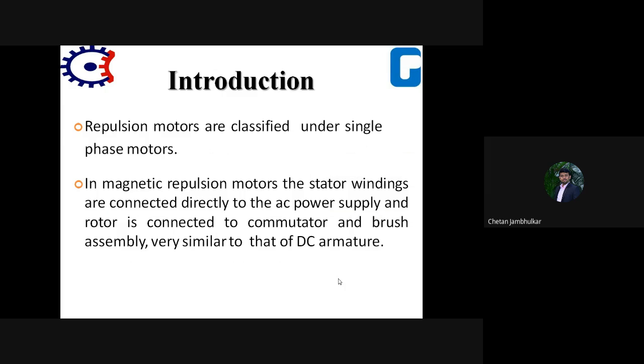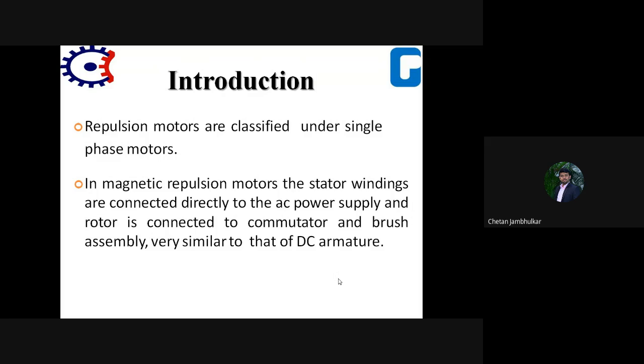In the repulsion motor, the stator windings are connected directly to the AC power supply, and the rotor is connected to the commutator and brushes assembly, very similar to the DC armature. Like your DC armature, the same type of rotor we have here in the repulsion motor.